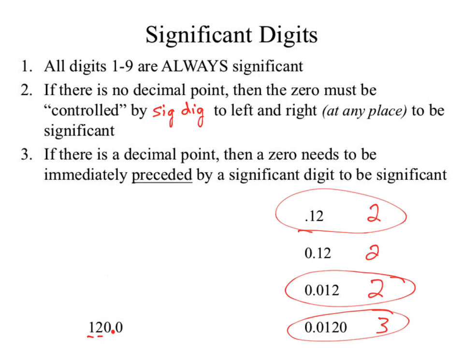The 0 needs to be preceded by a significant digit. Preceded to the left. What is to the left of that first 0? A significant digit, which means the 0 is significant. Let's move to the next 0. What's immediately to the left of it? A significant digit, which means also significant. There's 4 sig figs. So once a 2 makes this 0 significant, that other 0 becomes significant because that one's significant? Yep. All right.